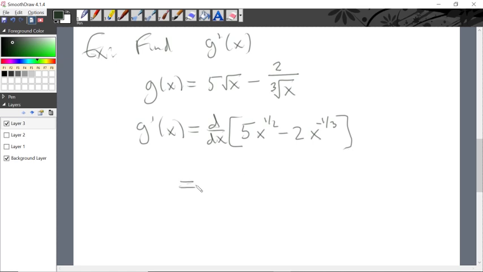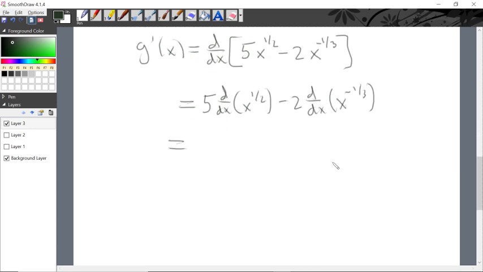And now we can distribute the differential operator by the difference rule, and then we can use the constant multiple rule. So we can take out a 5 from the first term, and then we have the derivative of x to the 1/2. And then we take out a negative 2 from the next term, and then we have the derivative of x to the negative 1/3. Now we apply the general power rule.